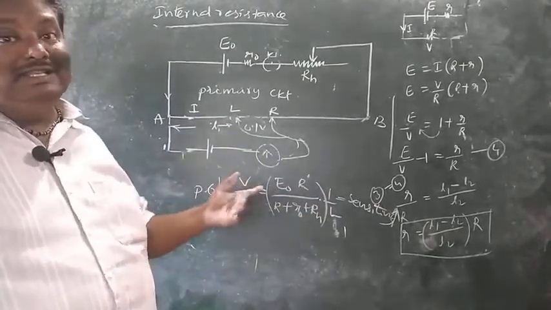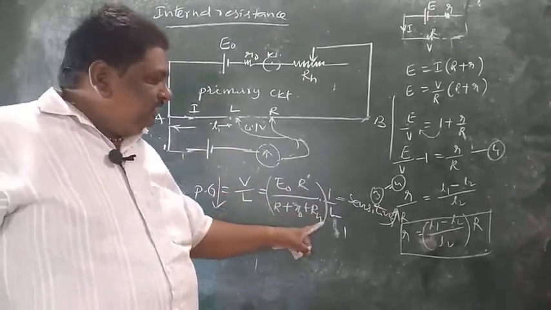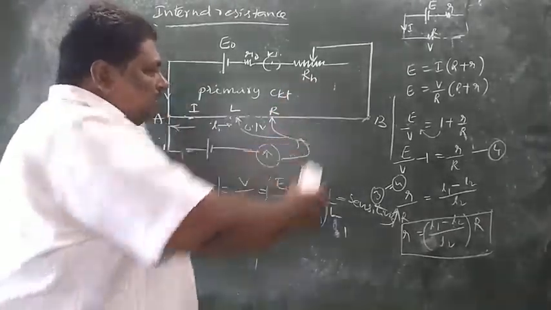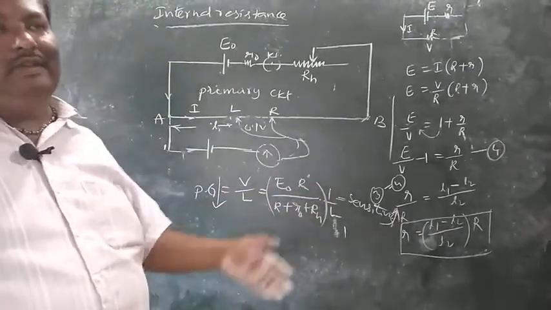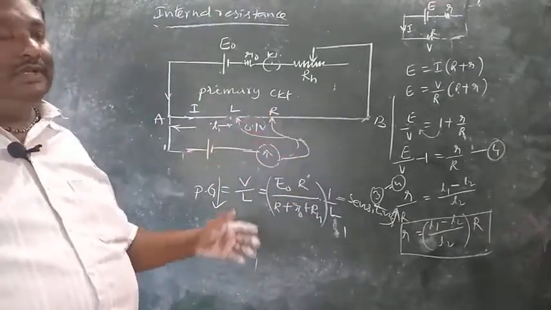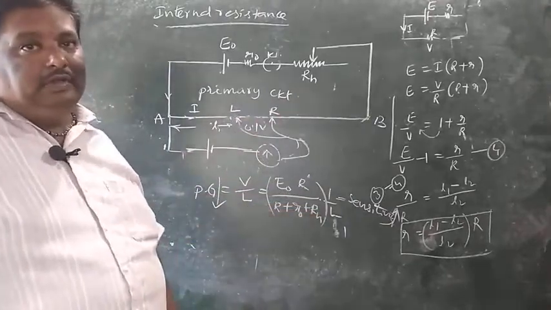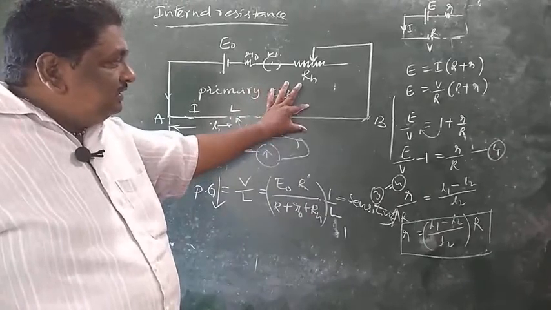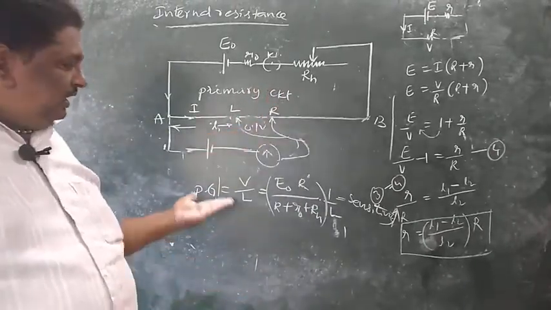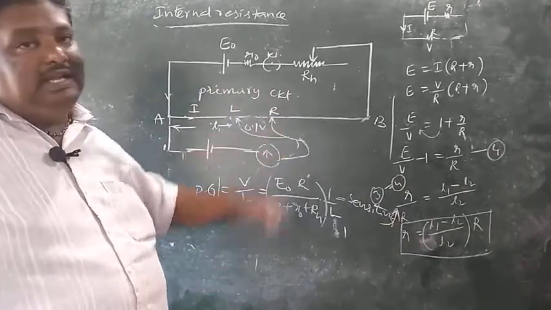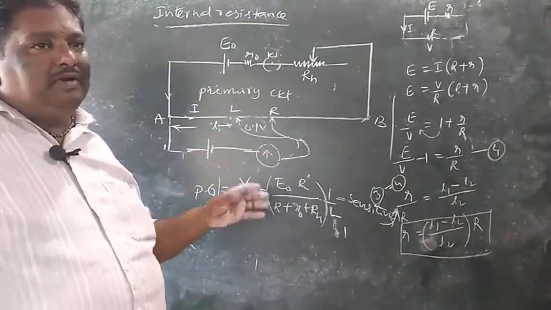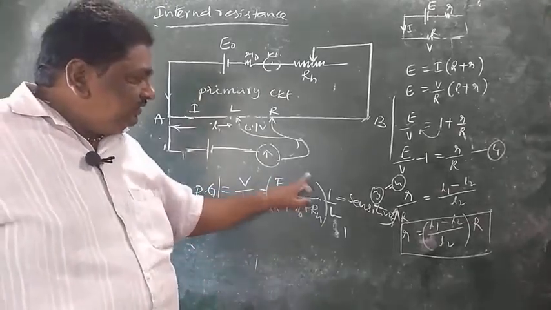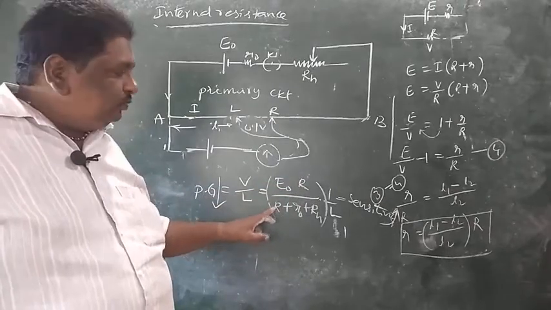How will you increase the sensitivity? By increasing the resistance of the rheostat, or the potentiometer length, 10 meters, 11 meters, 12 meters. That's why such a long wire is taken. Sometimes one more question they will give. Suppose the thickness of the wire is doubled, what happens to the sensitivity? Here we have no relation with the radius. That's why radius doubled, tripled, made half, we don't bother. However much the resistance changes, the denominator changes by the same amount, so both get cancelled.